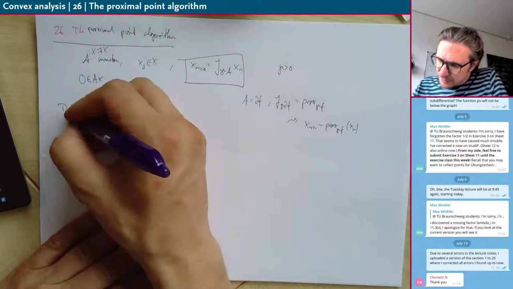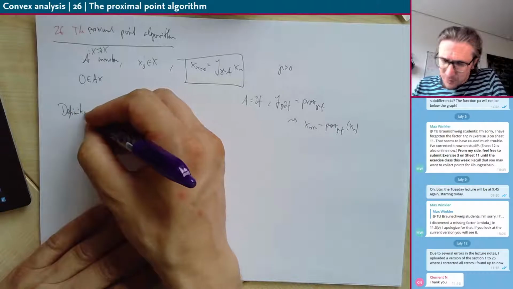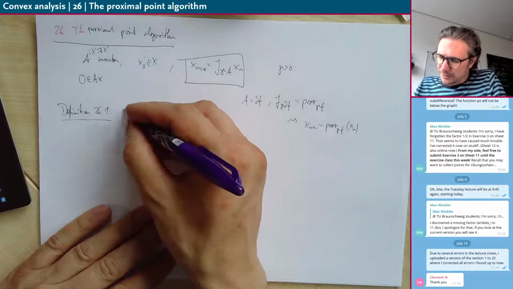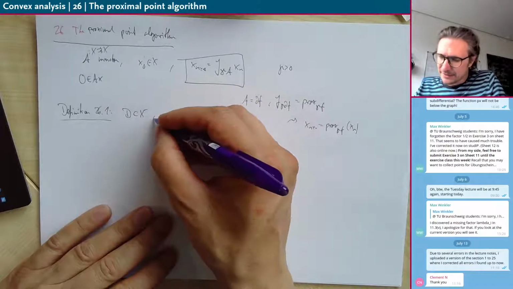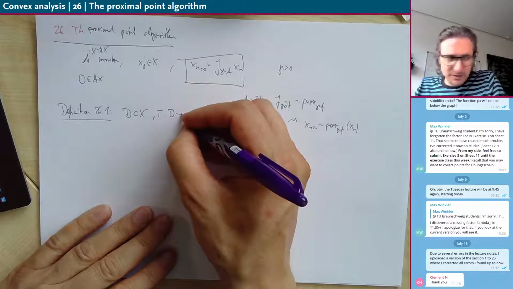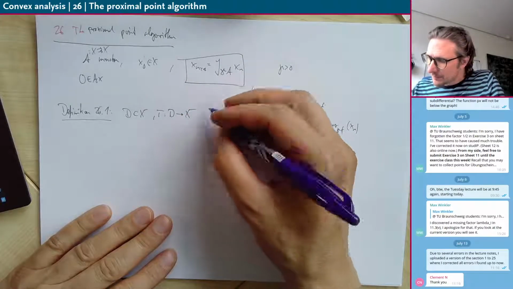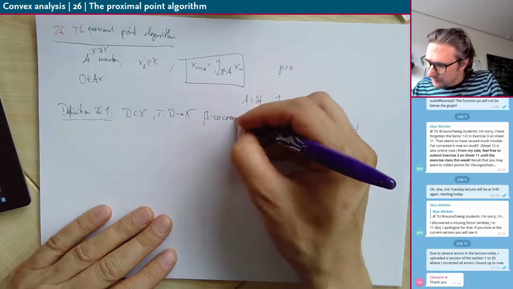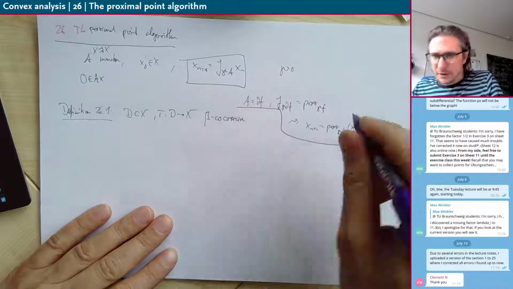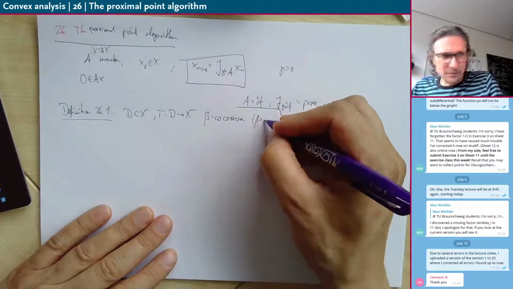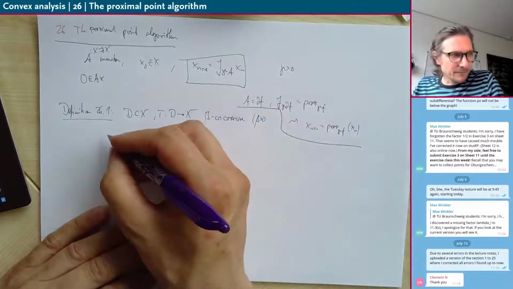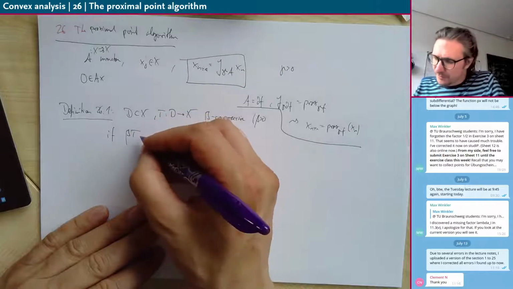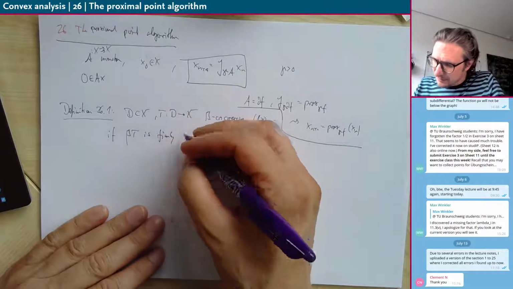So the definition which we're going to use is again one for monotone operators. It's the so-called co-coercivity. So having a subset D of X and a T which maps D to X, we call T beta co-coercive, with some beta positive, if beta T is firmly non-expansive.